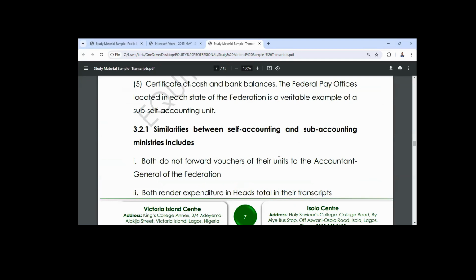Both do not forward vouchers of their unit to Accountant General of the Federation. This first point, please, let's delete that. I will correct that. Do you understand? All right, yes.